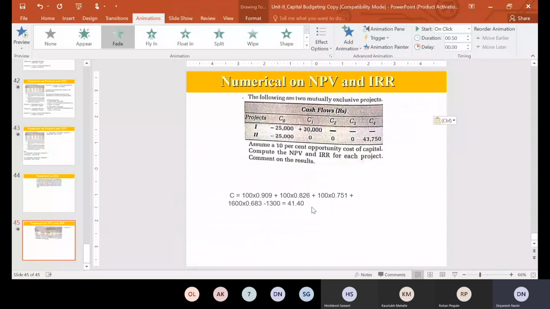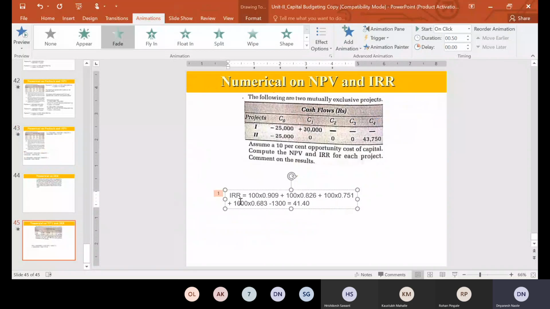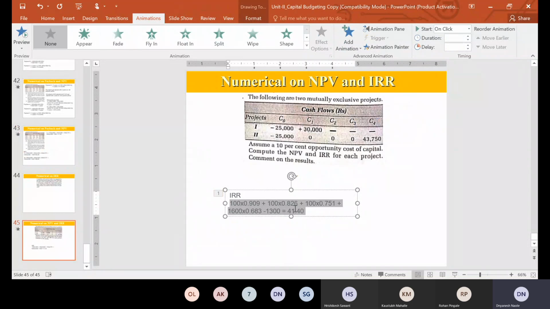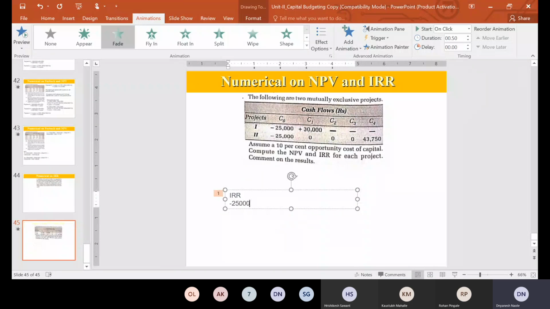So IRR equals minus 25,000 plus this 30,000 rupees. 30,000 rupees we are going to earn in the first year itself, at the rate of 10 means multiplied by 0.909. That is a factor we don't even have to look up now, we know.